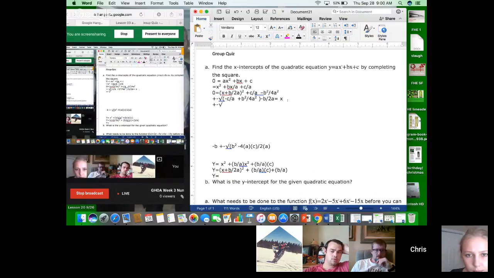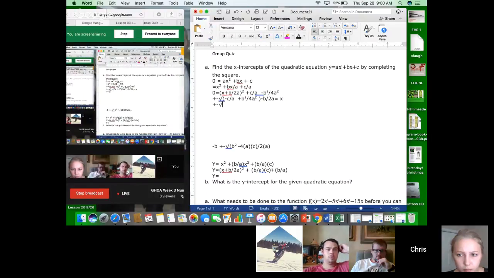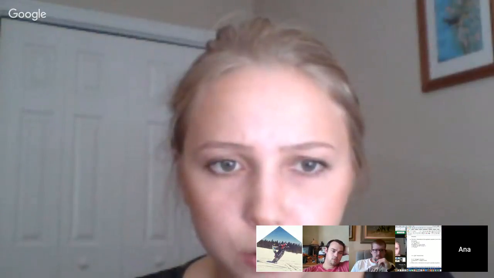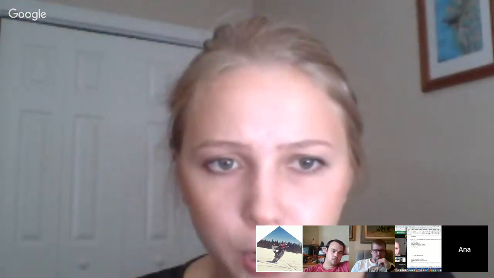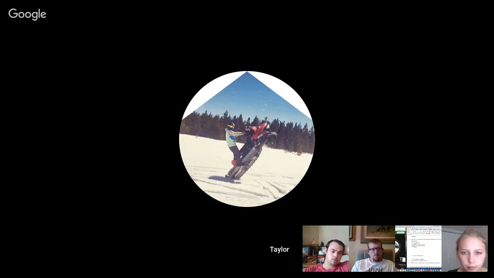Okay. So to find a common denominator between these two, it looks like you have to square and multiply this side by 4. Yes. Negative 4c divided by 4a squared. So you multiply it only by 4, but we have just a. You need to multiply it by 4a in order to bring it to the common denominator. Oh, so it would be 4ac. Yes.